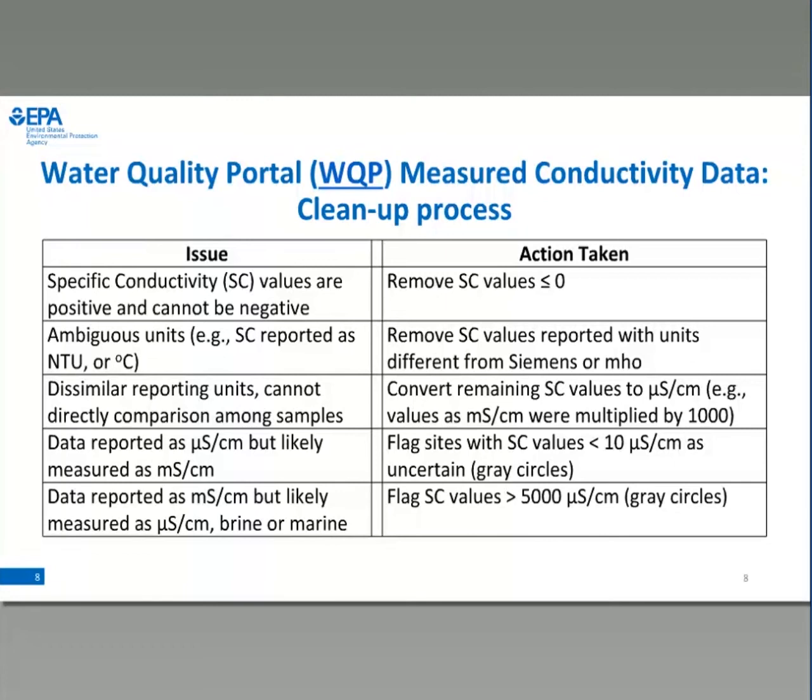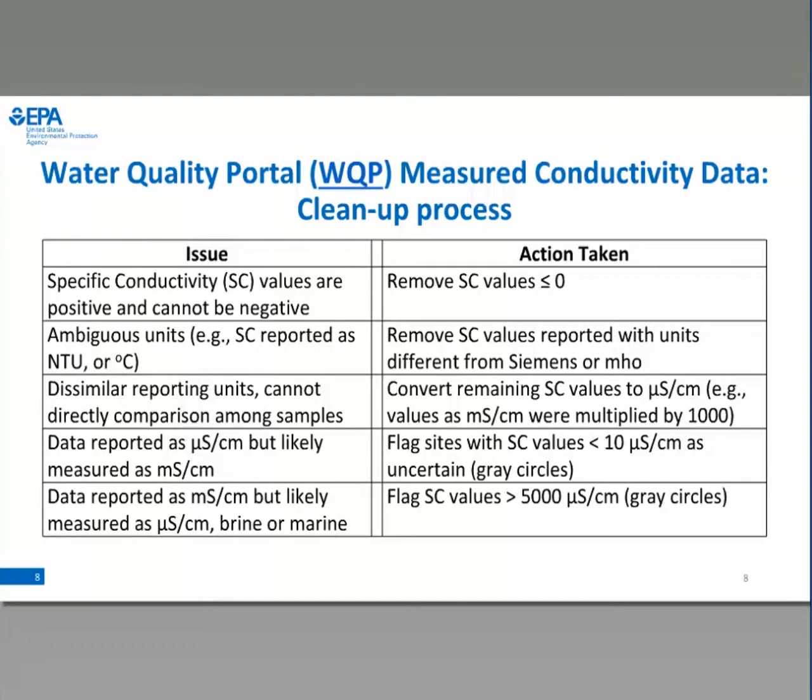Sometimes there are ambiguous units that are reported, and we removed those, and then we also made sure everything was converted into just one unit for conductivity, for example, where we just report microsiemens per centimeter. Sometimes the units were reported as microsiemens or millisiemens, and we made sure that those are all in the same units. Everything is reported as microsiemens per centimeter.